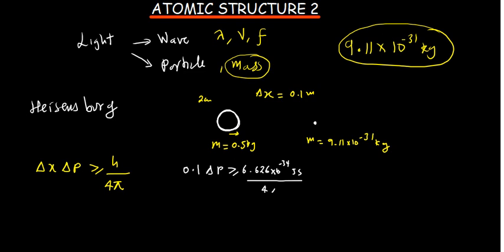Now I want to remain with the change in momentum, so we'll divide both sides by what? By 0.1. We divide this side by 0.1, and this side also by 0.1, such that this cancels with this. Now let's determine the change in momentum.